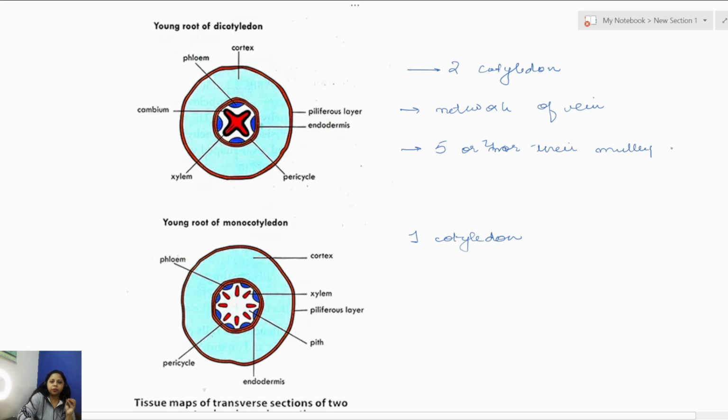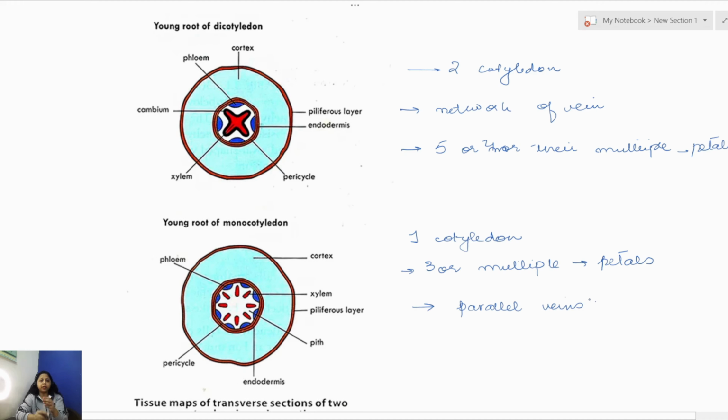Three and multiple of three petals in mono. What about the veins? The direction of veins. Network. We don't say it like this, we say parallel. The word is parallel veins. We need to remember this word.